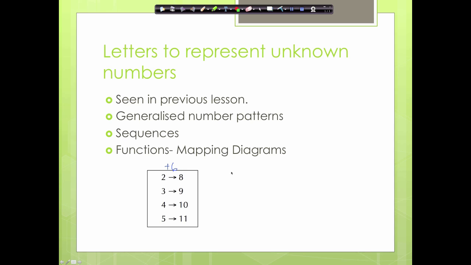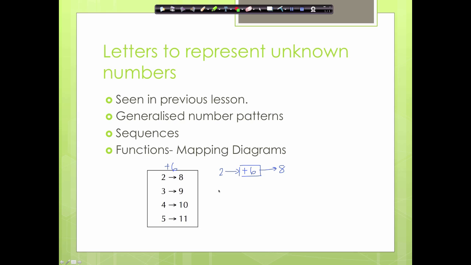In the last session we saw a form something like this. We had 2, add the 6, and we got the output to be 8. This time we want to know how my mapping diagram is going to look if I don't know what the number is.